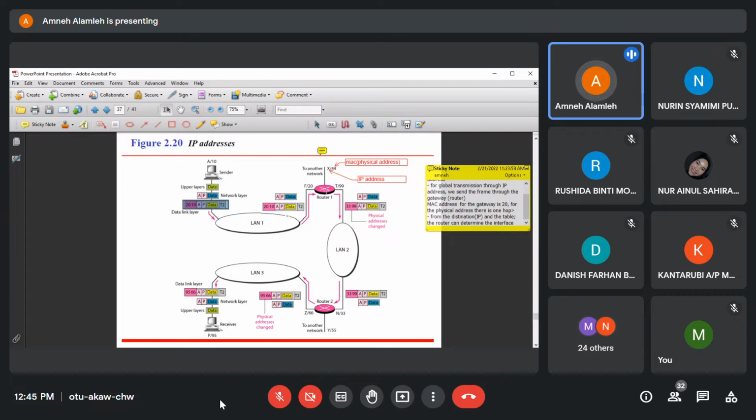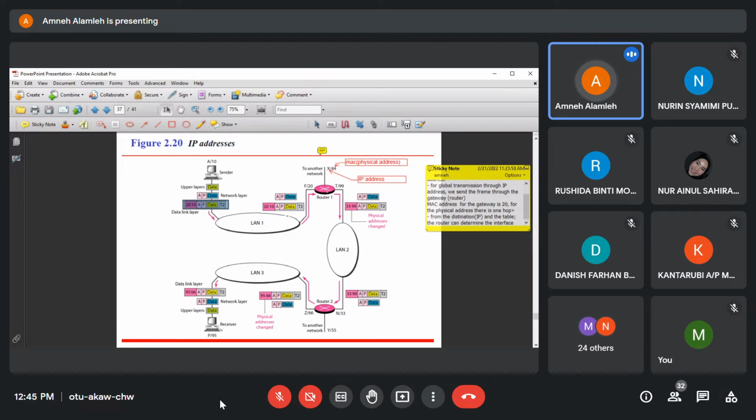How does router 1 know how to send the data from the sender to the receiver? It has a routing table, and from the IP address, it determines where the next hop is.